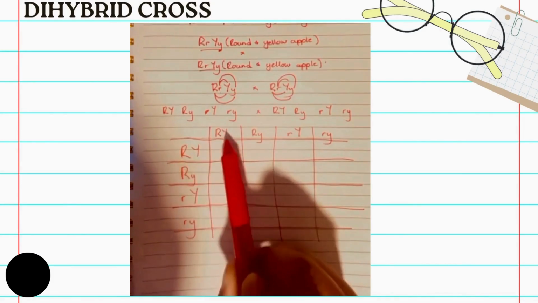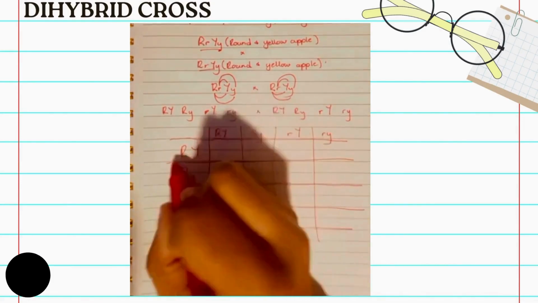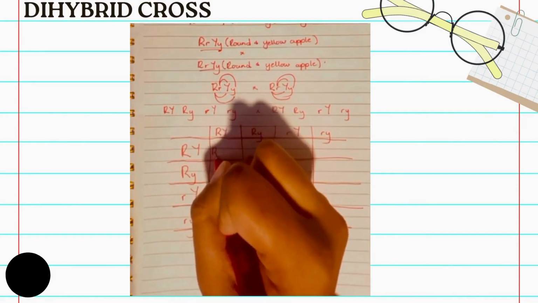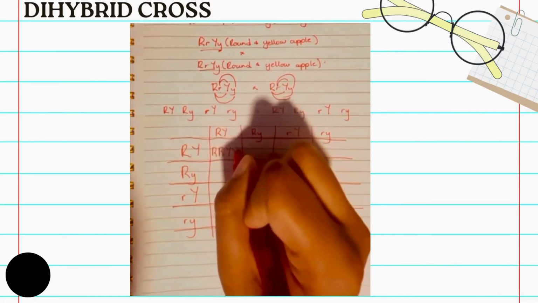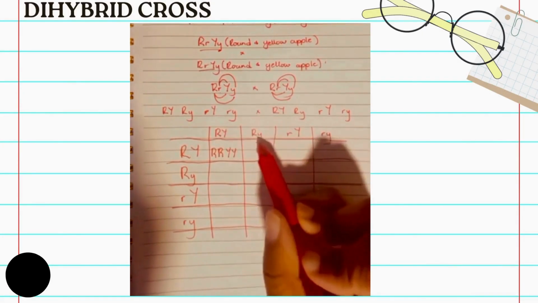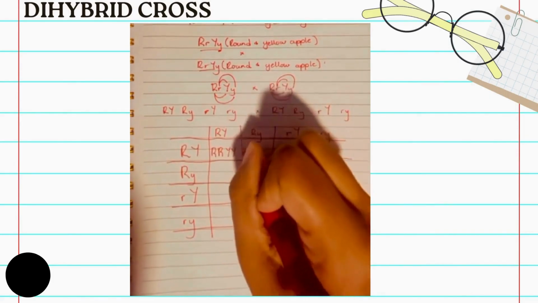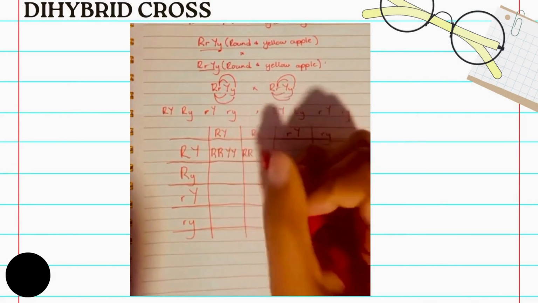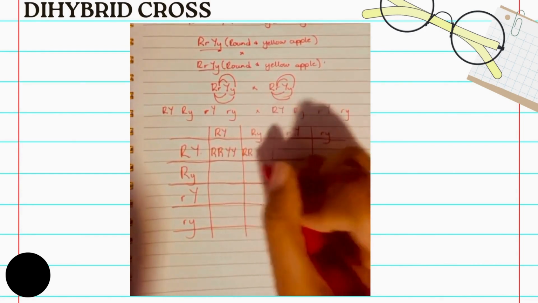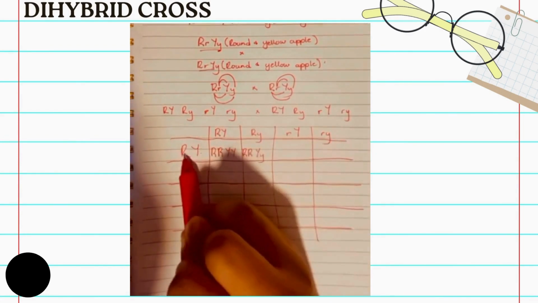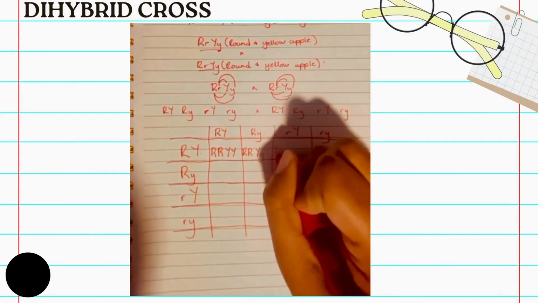When you start bonding them, you keep the alleles of the same trait together. So the R connects with this R, the R with the other R from the other apple, and then you write down the combination. So here it's double R. You do the same thing for the second trait, connecting it with the same trait.